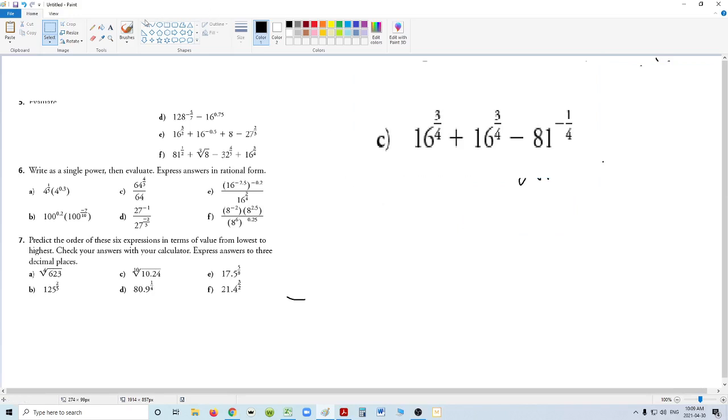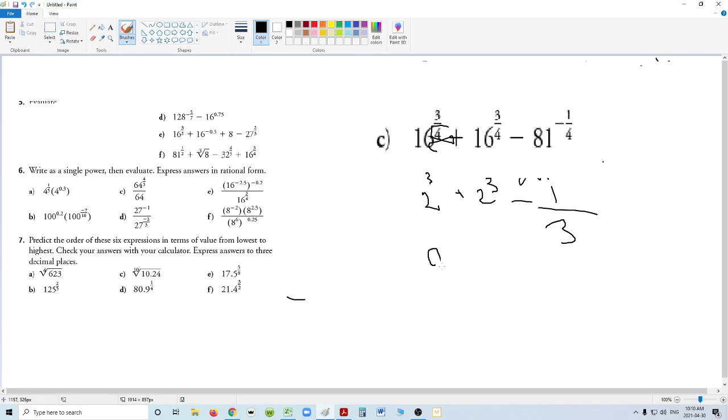Again, these can't be added together. It should be noticed that you can solve the 4th root of 16 first, though, and get 2 cubed plus 2 cubed minus 1 over 81 to the quarter. 81 to the quarter, we've already discovered, is 3.